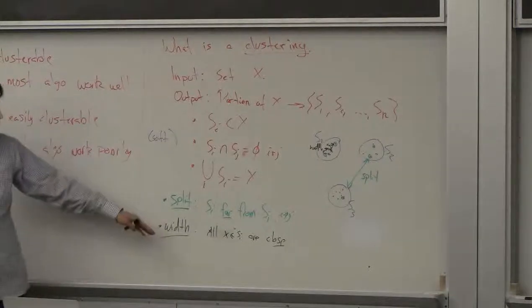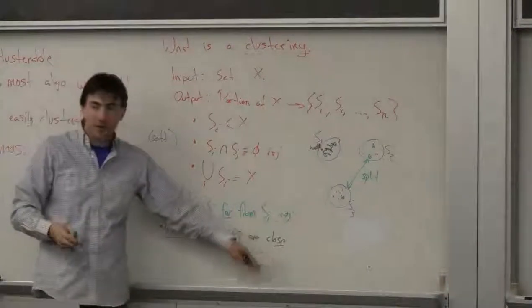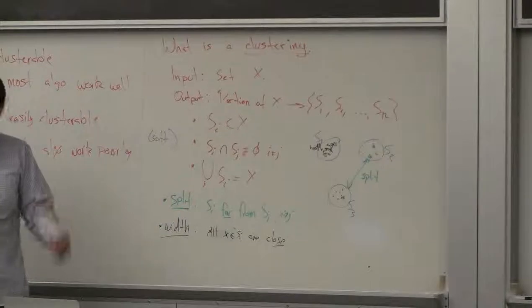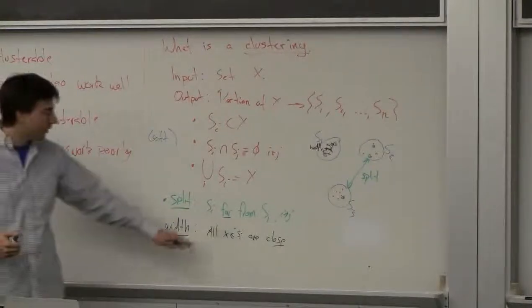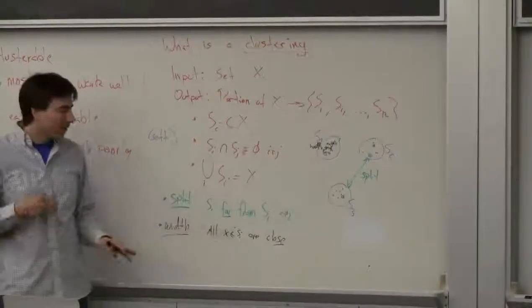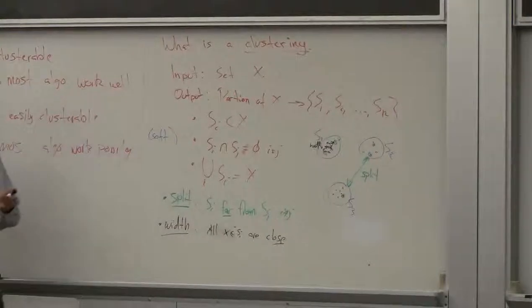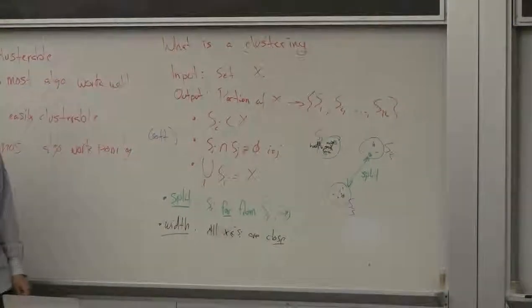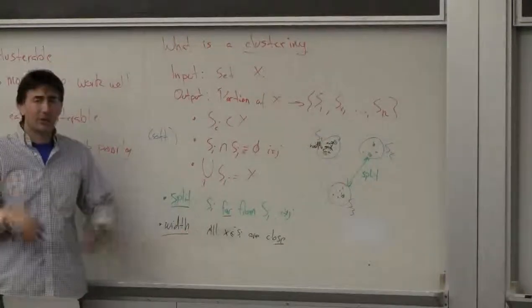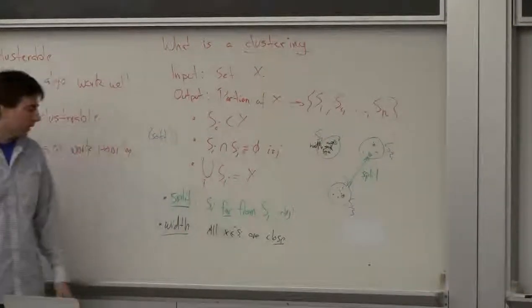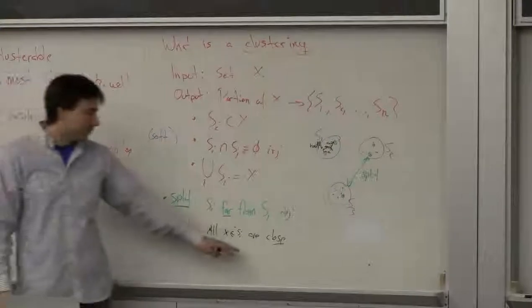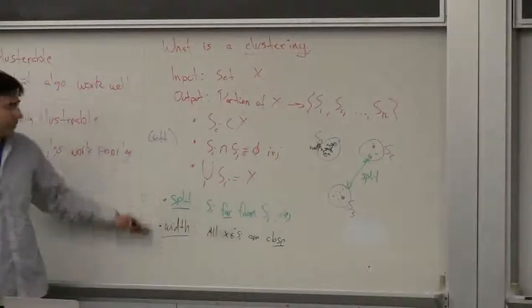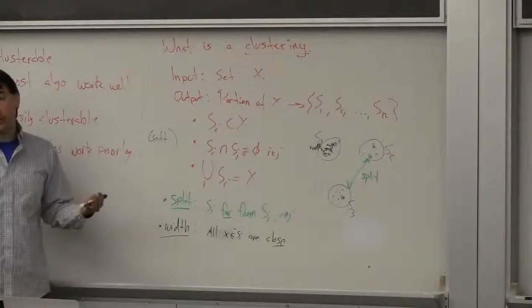And for the width, I said I want the points to be close, but I haven't told you what it means to be close. This one may be a little clearer, because we've talked about distances between points or objects. You could say all of them are close, maybe the average of them is close. But I haven't defined it, and these are two criteria, and how do I balance both of them?